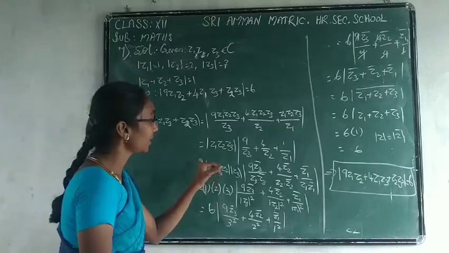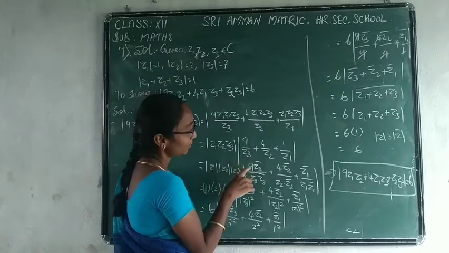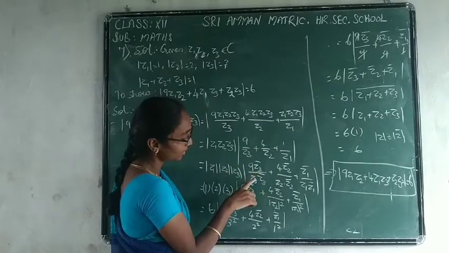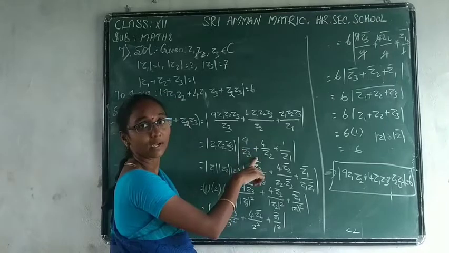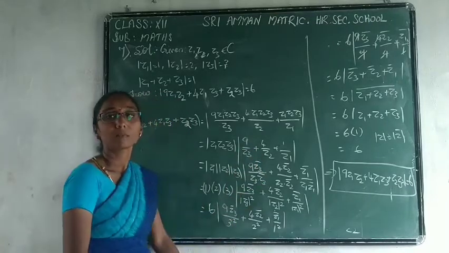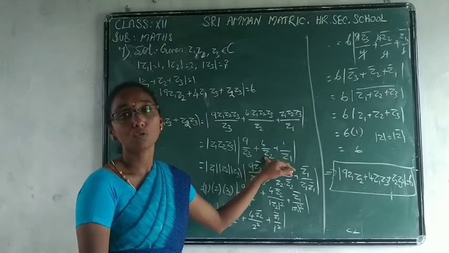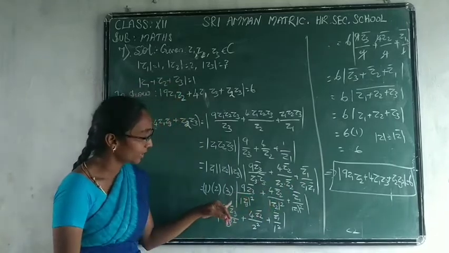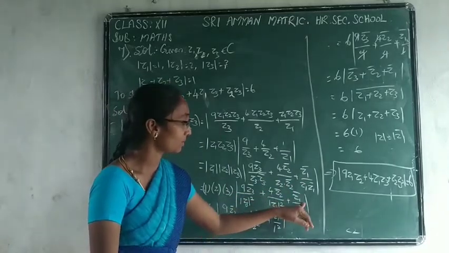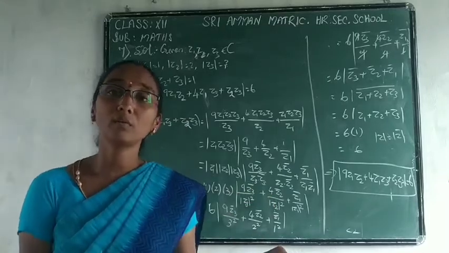Then taking the modulus separately, what am I doing here? Here z3, so I multiply and divide by z3 bar. The second term is z2, so z2 bar, and then z1 bar. So 9 z3 bar plus 4 z2 bar plus z1 bar. Here z into z bar equals modulus of z square.